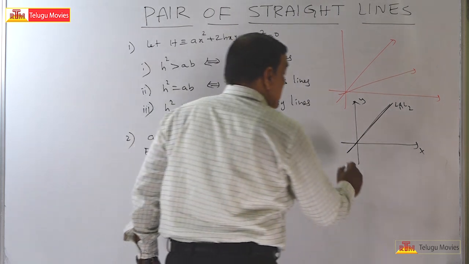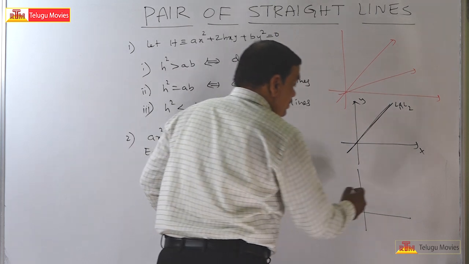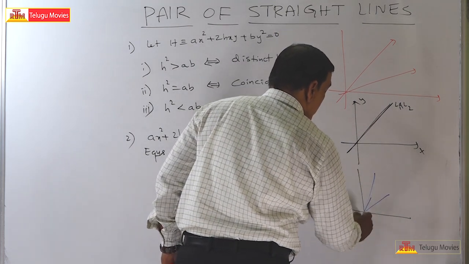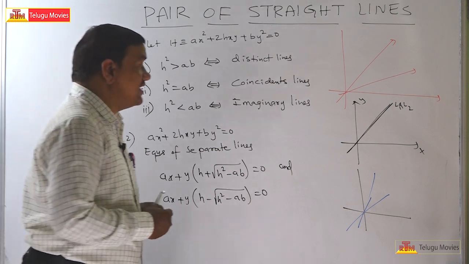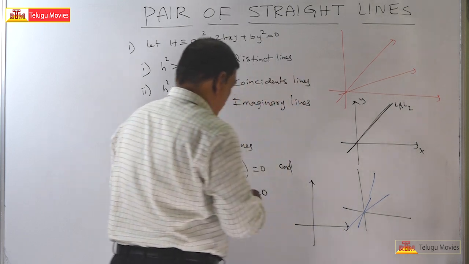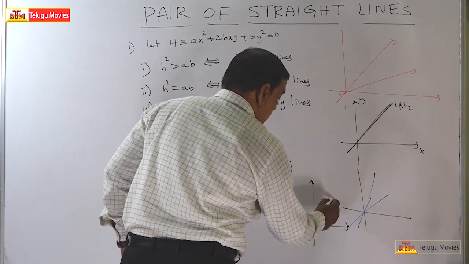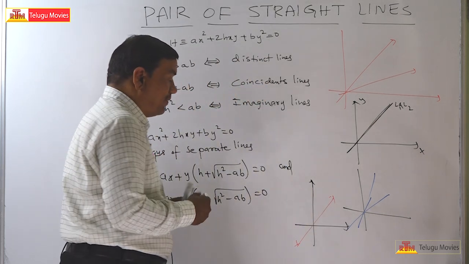The second one is distinct lines. Distinct lines means we are getting two different lines. The next case is perpendicular. Perpendicular means, for example, this is one line passing through origin and another line is perpendicular to it.